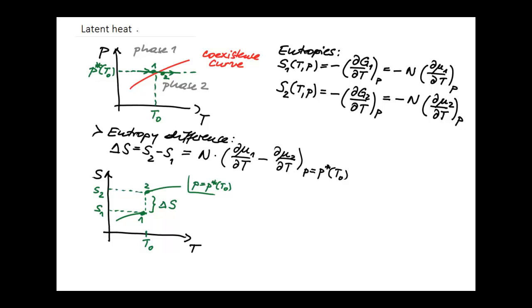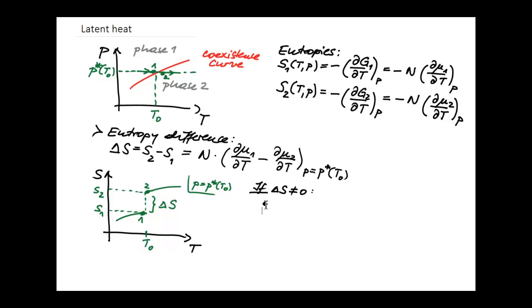This is a possibility, but it's not a necessity that at a phase transition the delta S is different from 0. But if delta S is different from 0, then it is clear that for the phase transition to occur, you require heat.